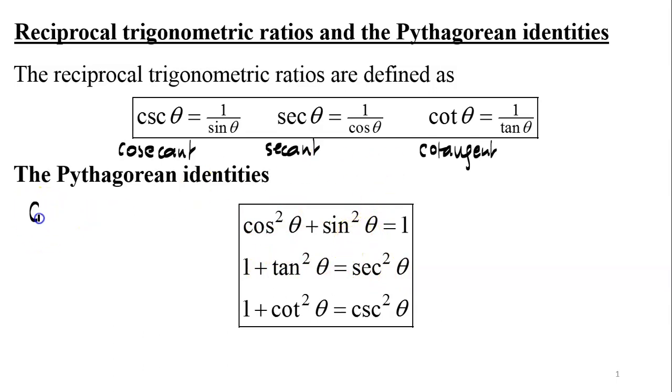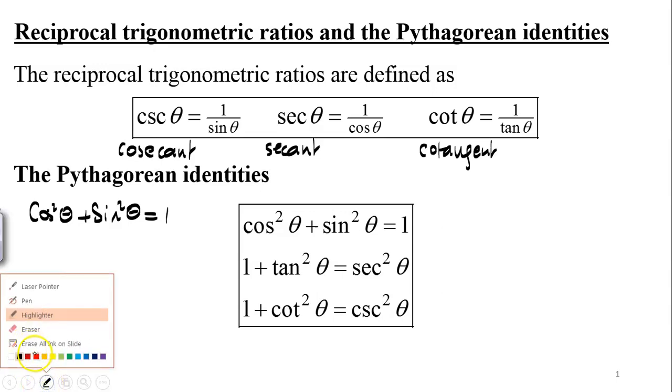So over here, having cosine squared theta plus sine squared theta equals 1. Since I want to reach secant squared, and we know that secant squared is in fact 1 over cosine squared, having a 1 here on the right hand side gives me the idea of dividing both sides by cosine squared in order to end up with 1 over cosine squared, which is secant squared.